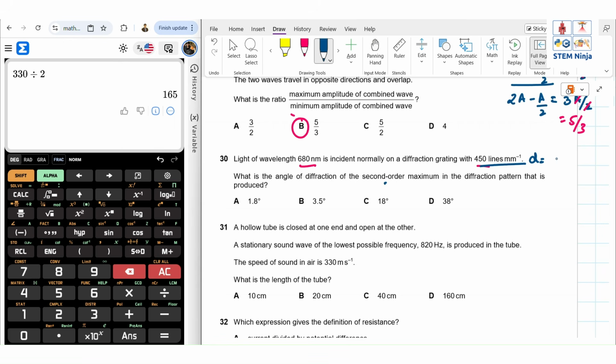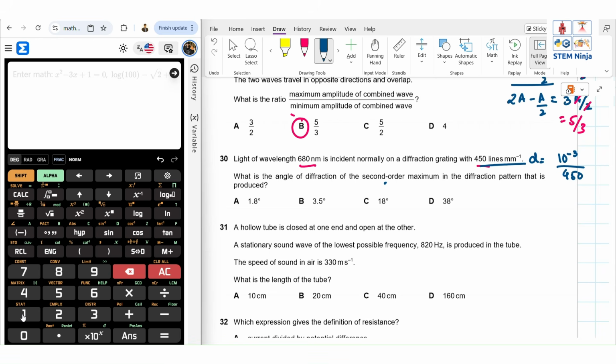So the line spacing would be 1 millimeter, which is 10 raised to the power minus 3 meter, divided by 450.